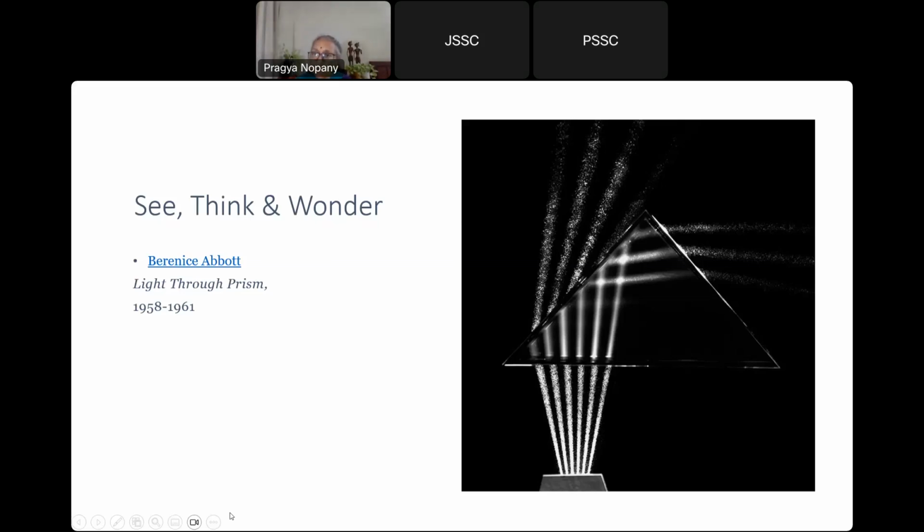Now, if I were to describe what I am noticing, I would say that I see a light source. For example, there is a light source from which six rays are being shown, and then they fall on one surface of the prism, and from there they are going inside, and they are not going straight.